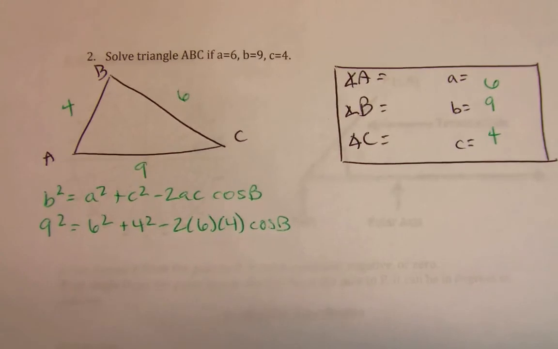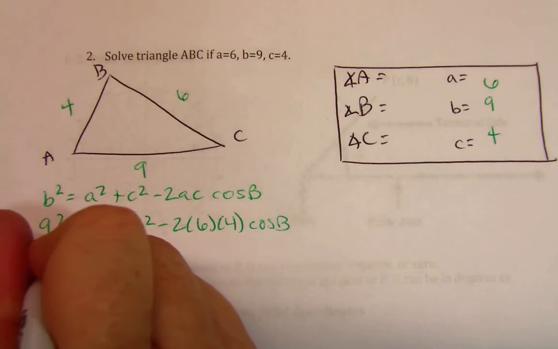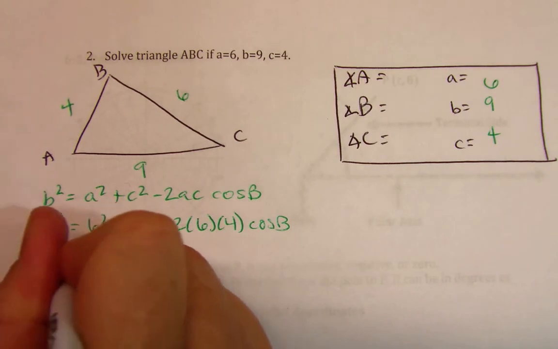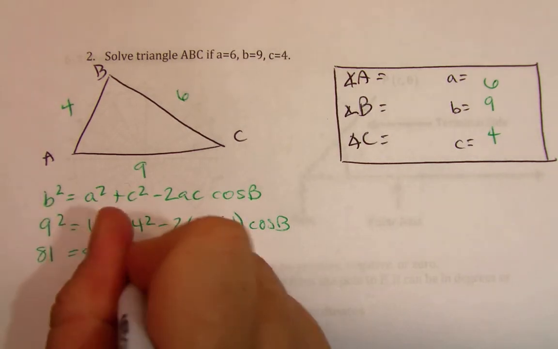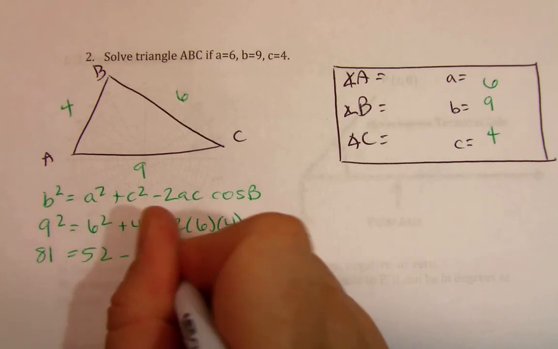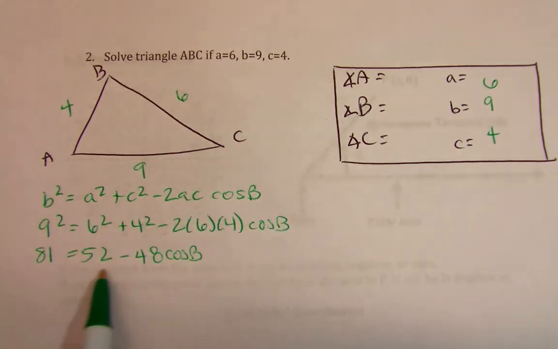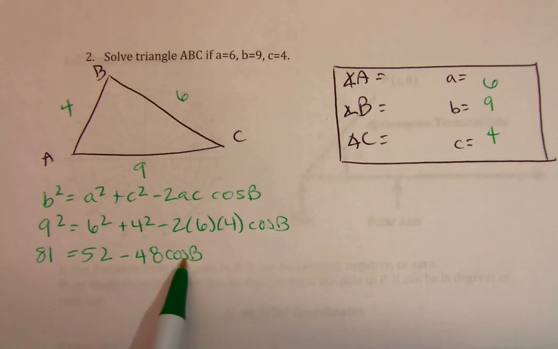And this is where people start to make mistakes. I need to subtract this stuff over, so let me just simplify this here. We have 81 equals 52 minus 48 cosine B. The mistake a lot of students make here is subtracting 52 minus 48. That 48 is attached to the cosine. I can't subtract that. I need to subtract 52 from both sides.